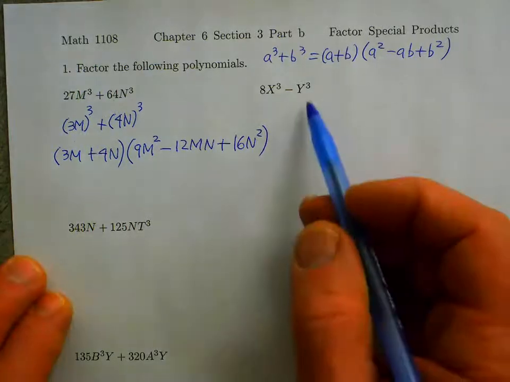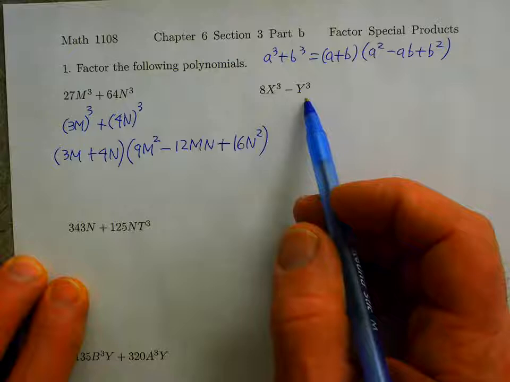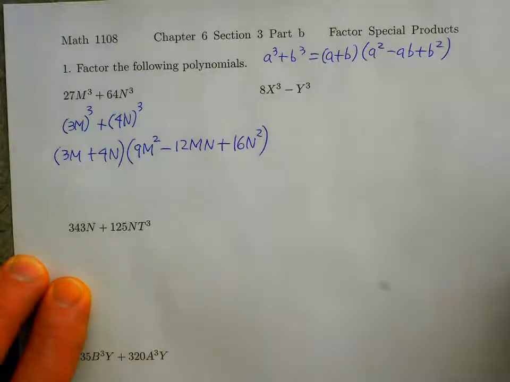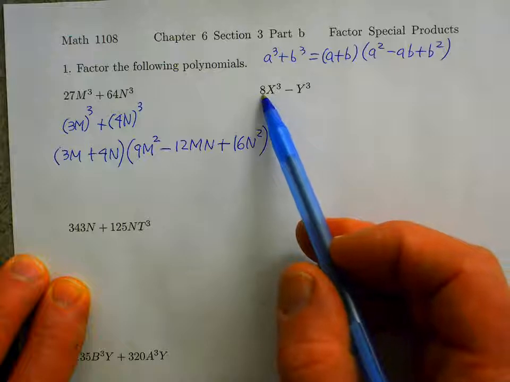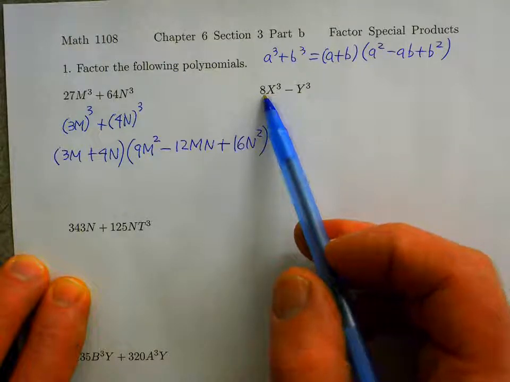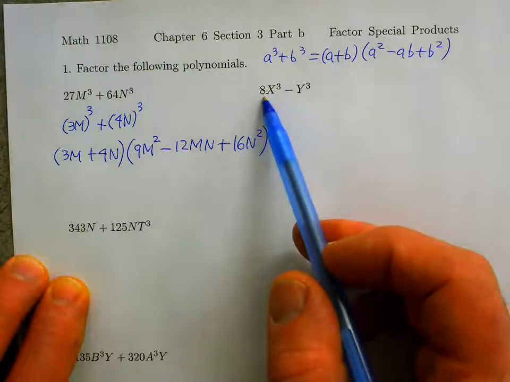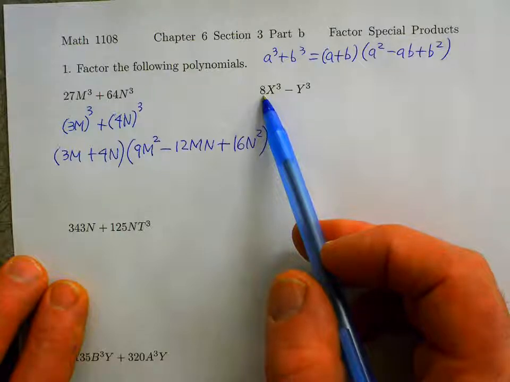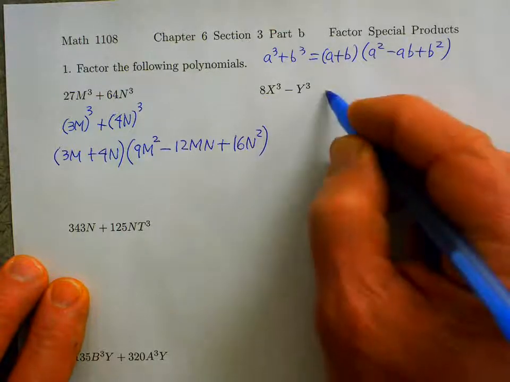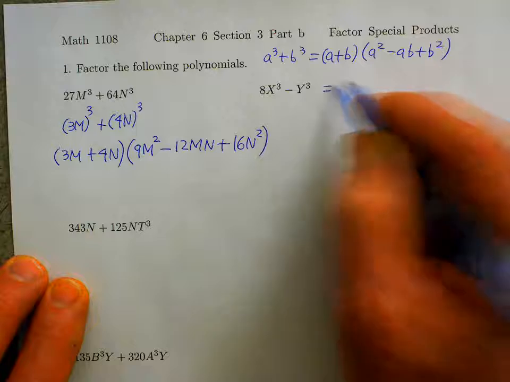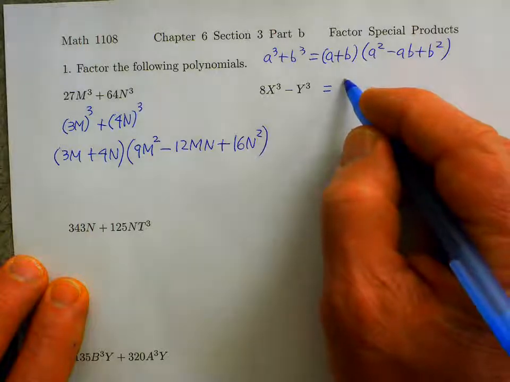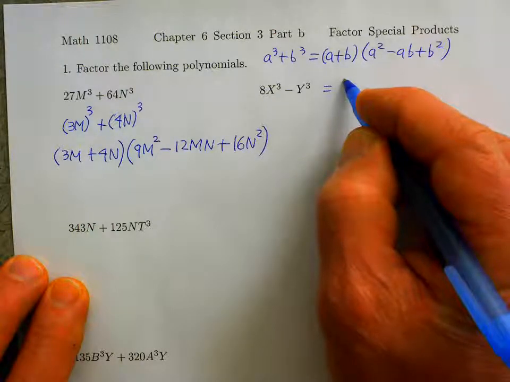The one on the right is a difference of cubes. We refer to 8 as a perfect cube because the number 2 raised to the third power is equal to 8. So we can rewrite it so that it is more evidently a difference of cubes.